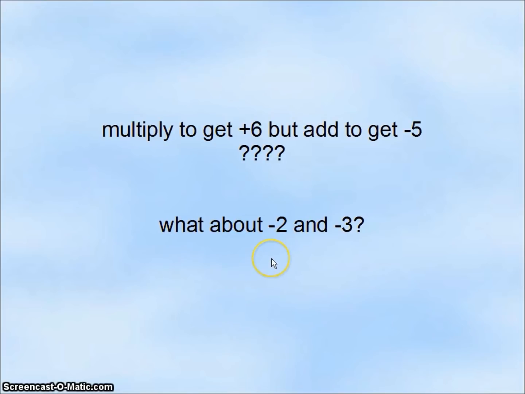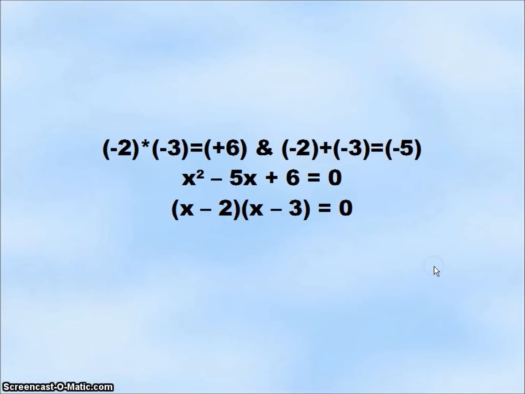Well, negative 2 and negative 3. Negative 2 times negative 3 is positive 6, and negative 2 plus negative 3 is negative 5.